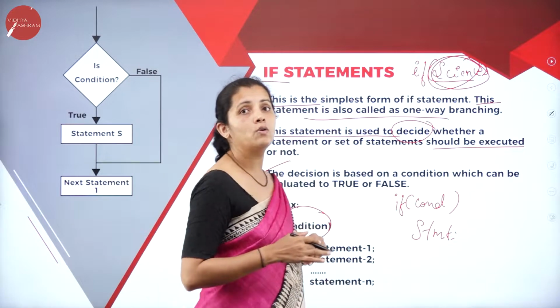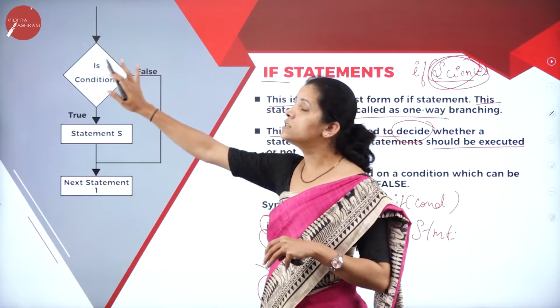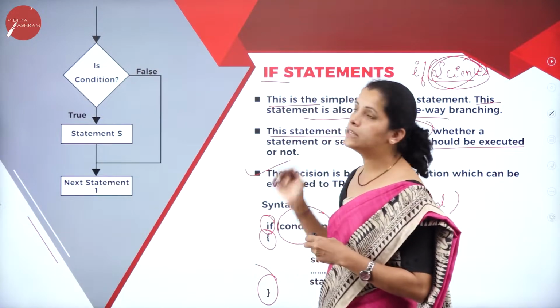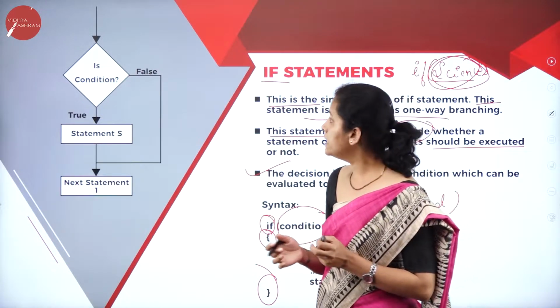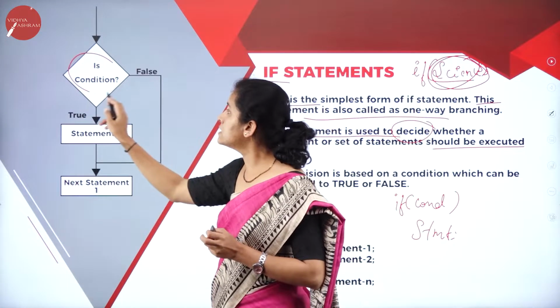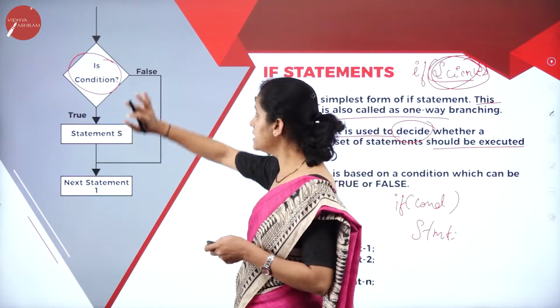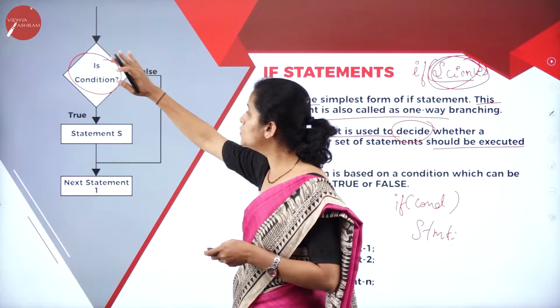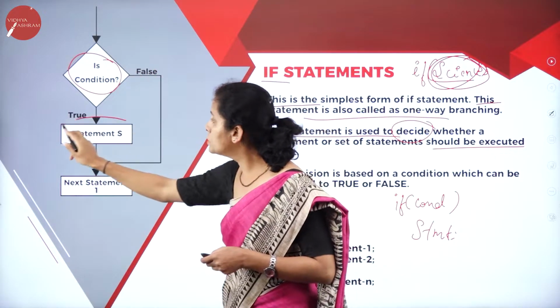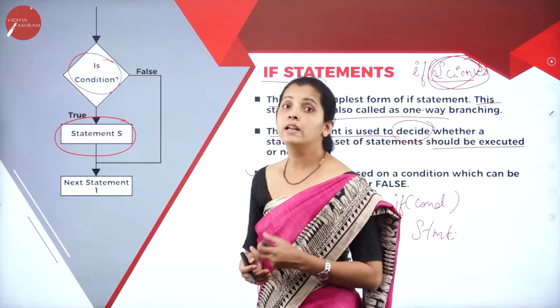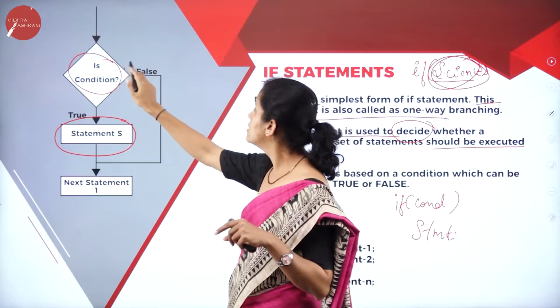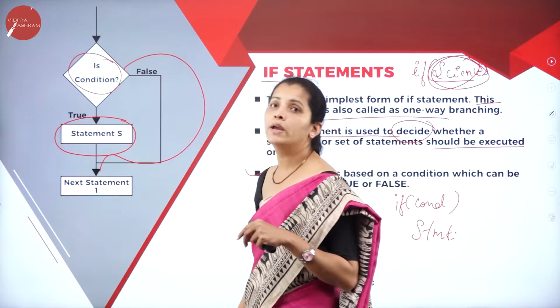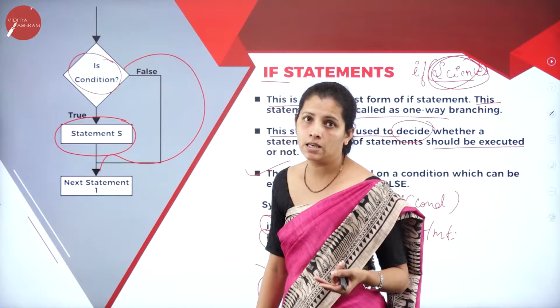Now here we are going to have the flow chart for this if statement. At the beginning is condition. I'm going to specify the condition. If this condition is true, I'm going to execute the statement. And if this condition is false, what I'm going to do? I'm going to execute the next statement.